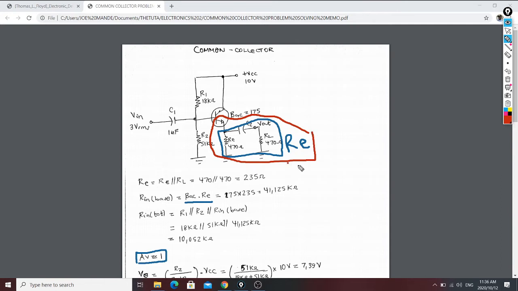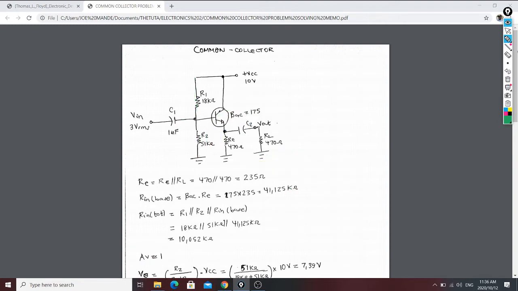Because the R internal resistor is so small that it is not going to have any effect in our circuit. Okay, and automatically your R in total is going to be a parallel between R1, R2 and this. Okay, so that's how it works. This is when we consider that this common collector has an average voltage of 1.